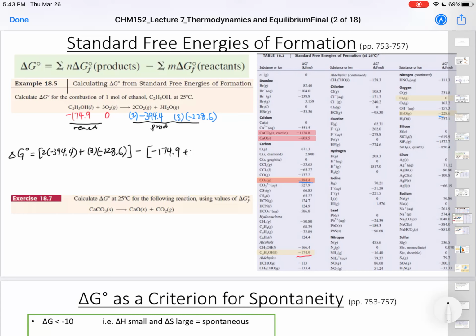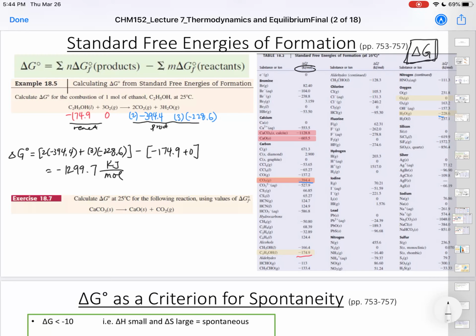Then you subtract the reactant, which is minus 174.9. Of course, you can add 0, but that won't change anything. If you did this math, it will come out to minus 1299.7. From this table, these values are in kilojoules per mole, so you are already in kilojoules per mole.